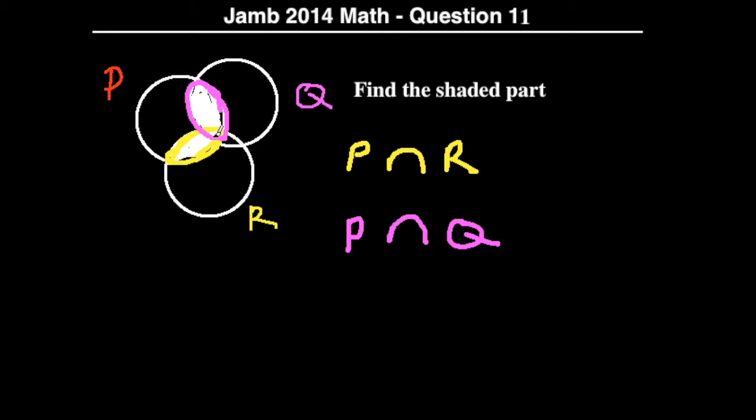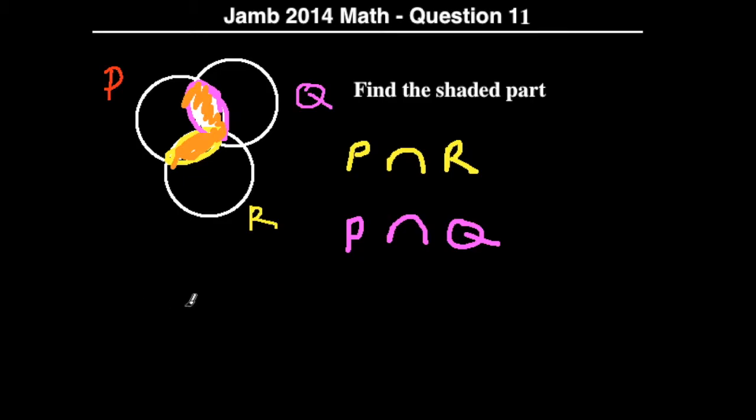So now that we've divided this shaded area into two parts, and we found out what each of those parts is, we can now try to identify the overall shaded area. Now, falling back to our knowledge of set theory, we can quickly determine that the whole shaded area is the union of the two shaded areas we have thus far identified.